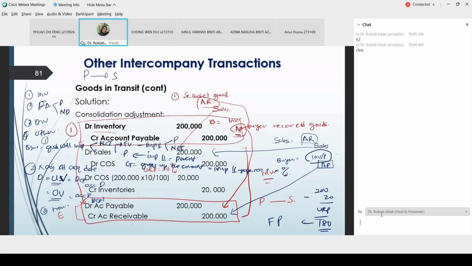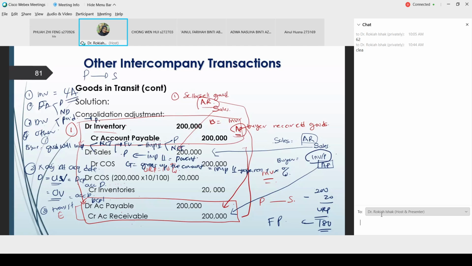So goods in transit is this one, like the one that you have here. So many things that we have for intra-group between parent and subsidiaries. Four things, the main one being inventory. For inventory, please refer back to example 4A. And then depreciables and non-depreciables, and then we have dividends. For dividends, we have two types also, paid and proposed.